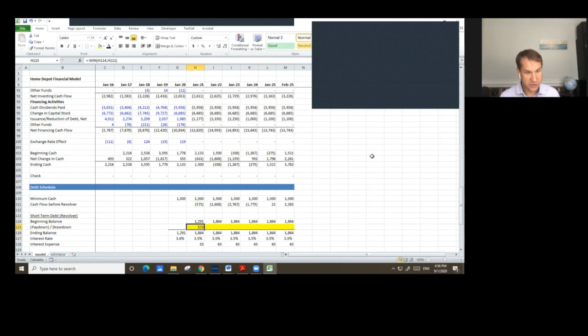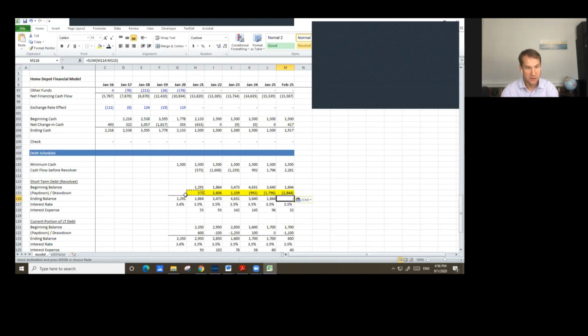So in this case, we're actually drawing on the revolver. We've got a lot of dividends, we've got debt maturities, but the good thing is it's not out of line. It's kind of modest fluctuations here. And actually, by the end of our forecast period, we do pay down the revolver. So to me, it looks fairly realistic.